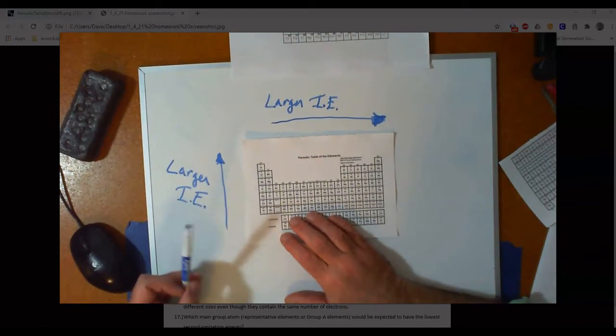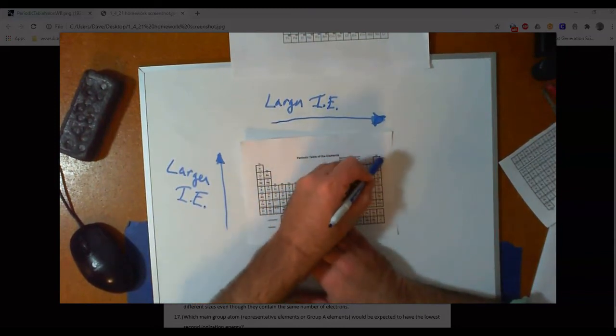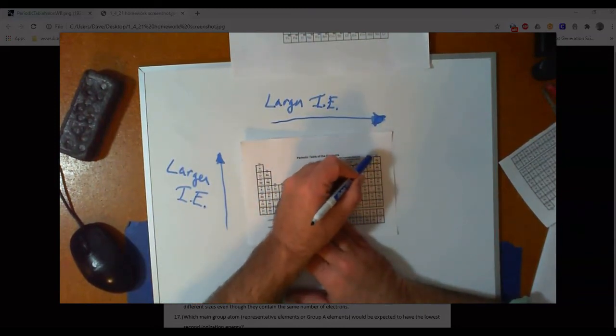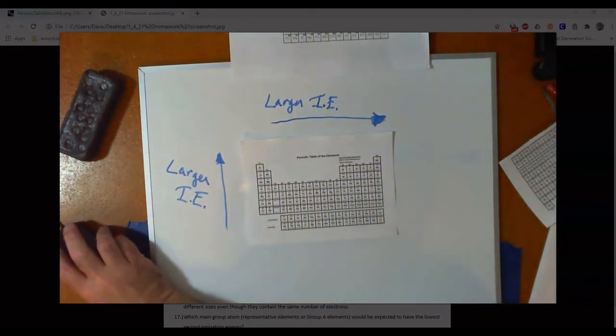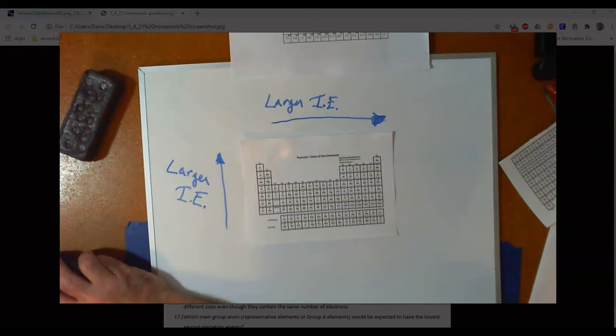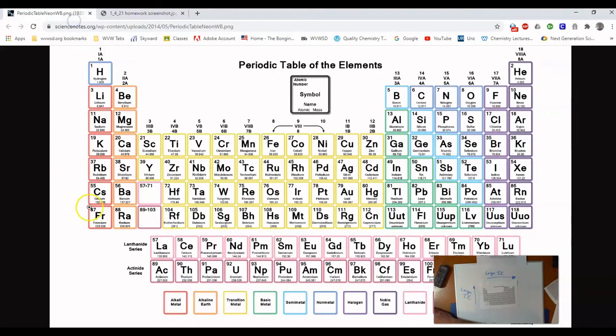Right? So as we go from the bottom left corner, we get elements that are very easy to remove electrons from. And as we go into the upper right-hand corner, it becomes harder and harder to remove those electrons. Okay, so if we go ahead and look at our periodic table again, let's see if we can figure this part out.